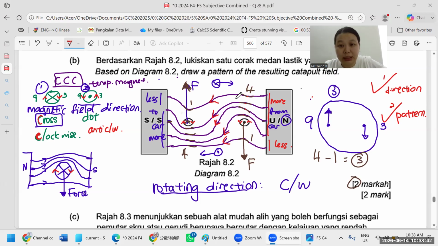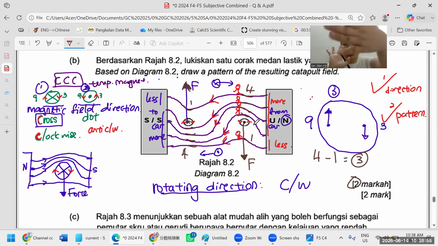Okay, you think like this. Here got 4 people. Here got 1 person. They push against each other. Who will win? 4 people push against 1 person. This one loses, so finally the force goes down.